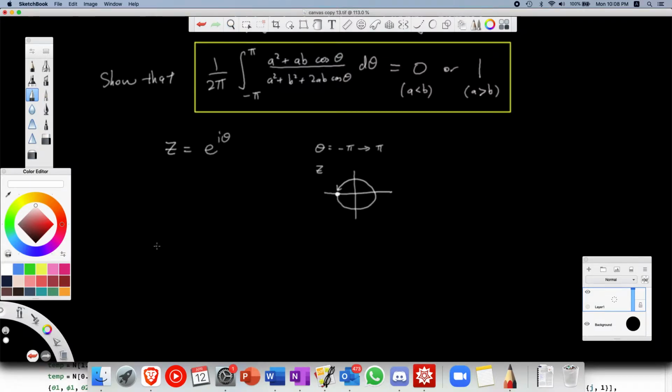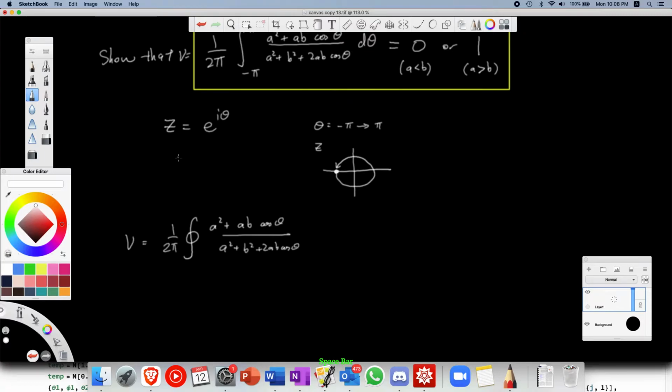So I'll just let this winding number be v. V equals 1 over 2 pi closed loop integral of a squared plus ab cosine theta over a squared plus b squared plus 2ab cosine theta. And then what is d theta? Let's calculate cosine theta first. Cosine theta equals (z plus 1 over z) over 2.